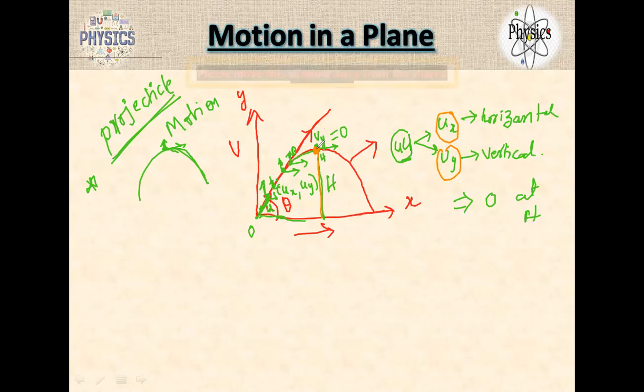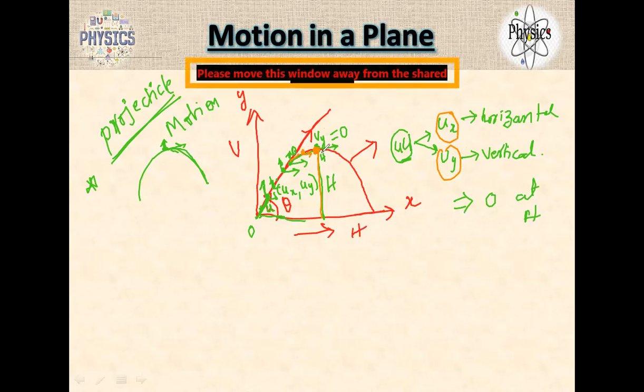This is the maximum height. Along the horizontal direction the component is still there, but the vertical component is completely zero, while ux is still there as u.